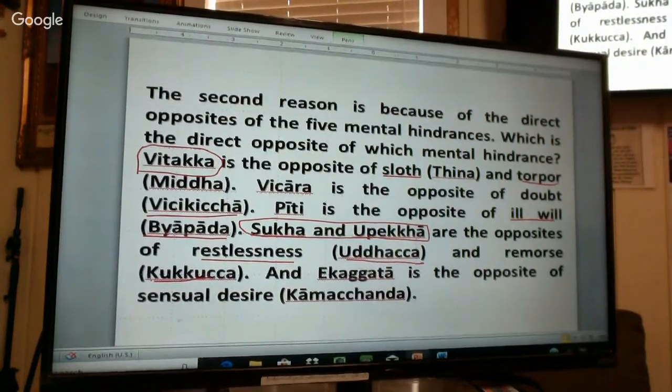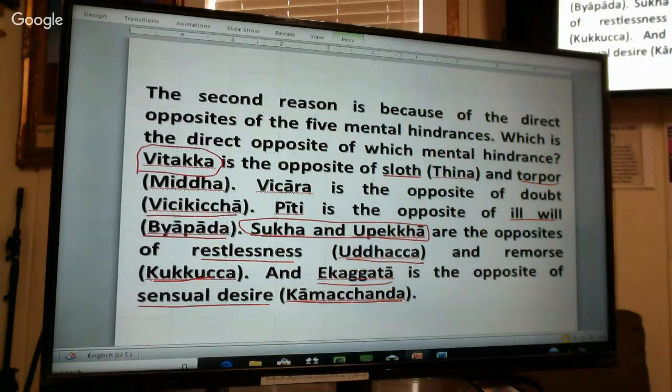Okay, and then Ekagata, concentration. If you have concentration power, it is directly opposed to sensual desire, Kamachanda. If we have Kamachanda, we want more objects, more and more, one after another, continuously. That's why our mind has no power.